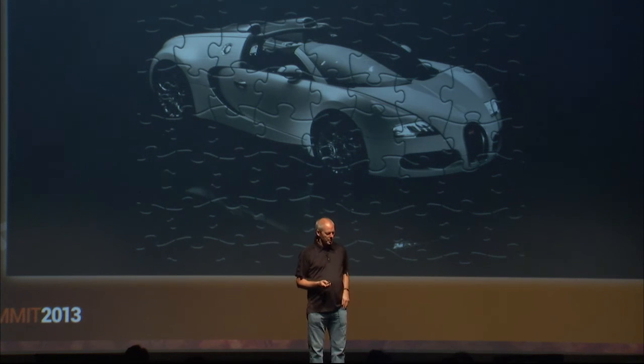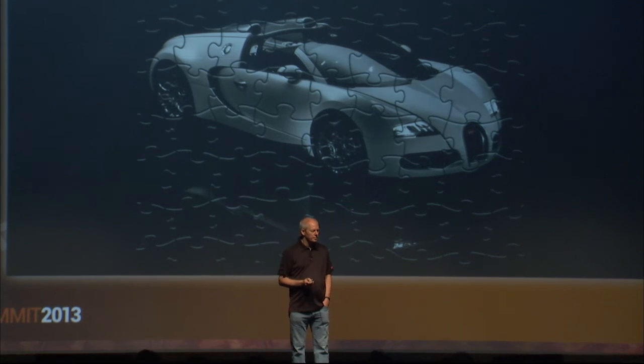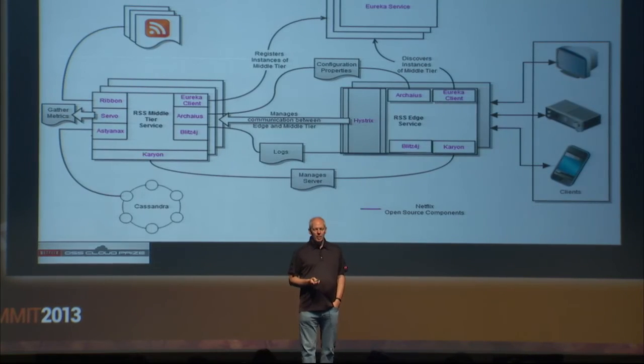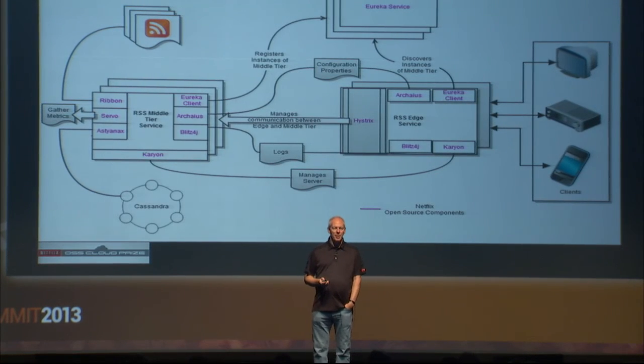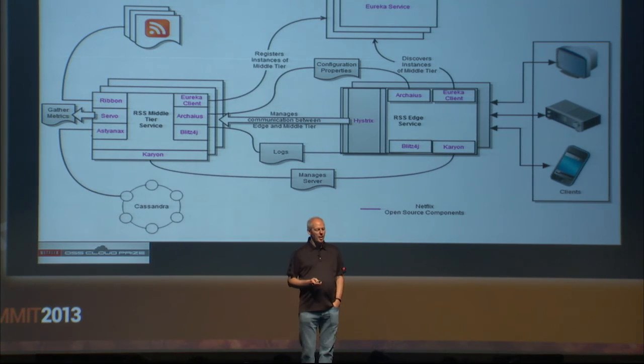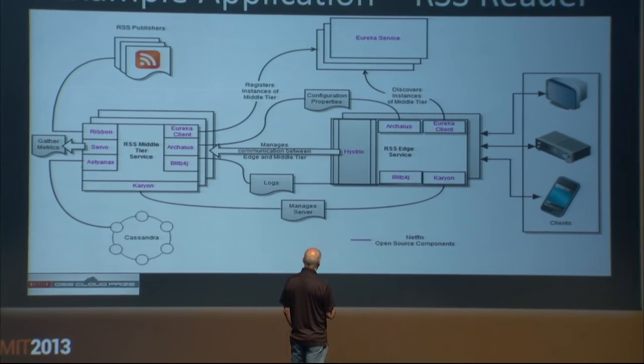So how does this all fit together? I've got a few minutes to talk about our NetflixOSS platform in total. We got so confused trying to keep track of all the names of these things that we built an example application, which is an RSS reader. And you can see all the different components here. It's got a front end using a base server. There's some logging.